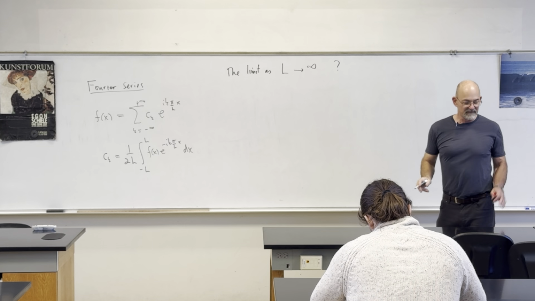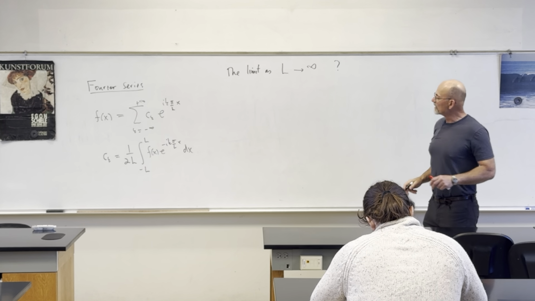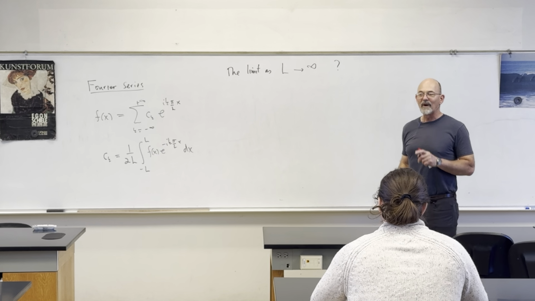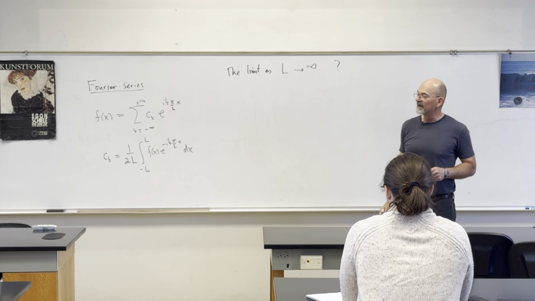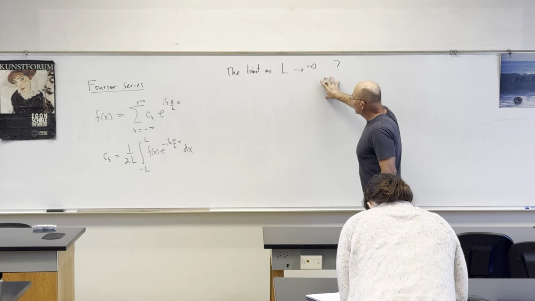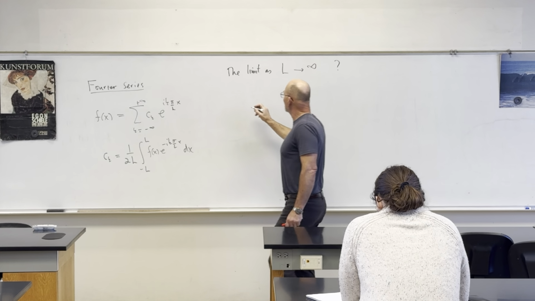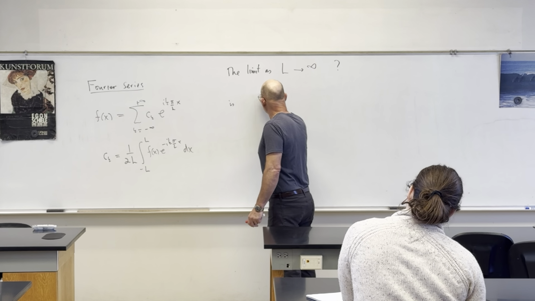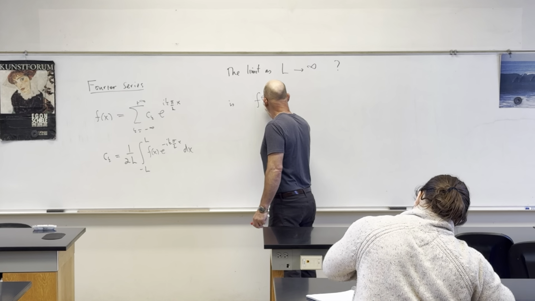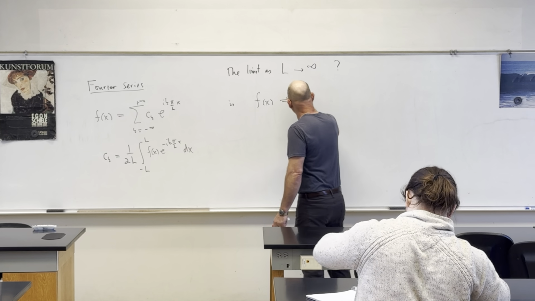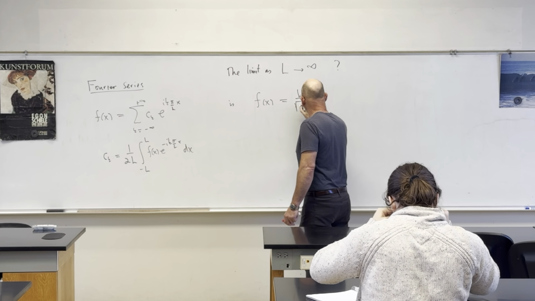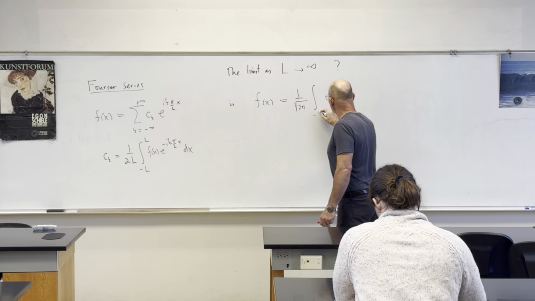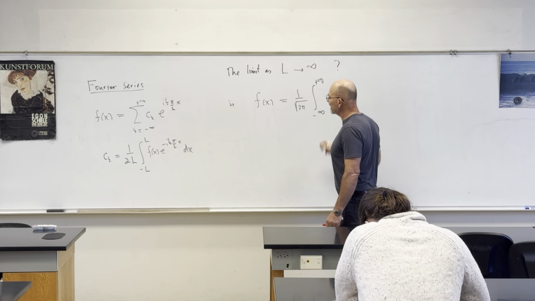Now I have this interesting construction I'm going to put up, but it's kind of involved, so I'm going to first just write down what the result is going to be. Okay. So the result as L goes to infinity is the following. We end up writing our function f of x equals 1 over root 2 pi, we'll see where that comes from, integral from minus infinity to plus infinity.